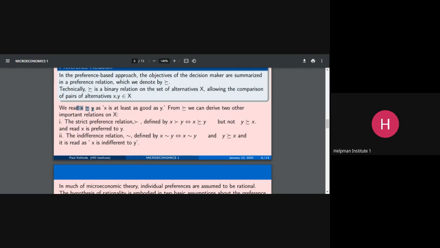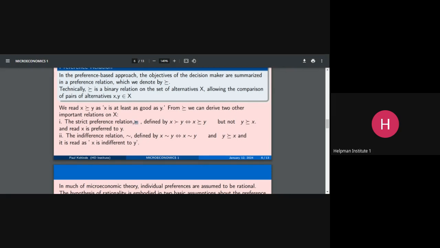So we said there are two derivations we can make from a preference relation. When we have X preferred to Y, it is a strict relation, so we denote it with this symbol.